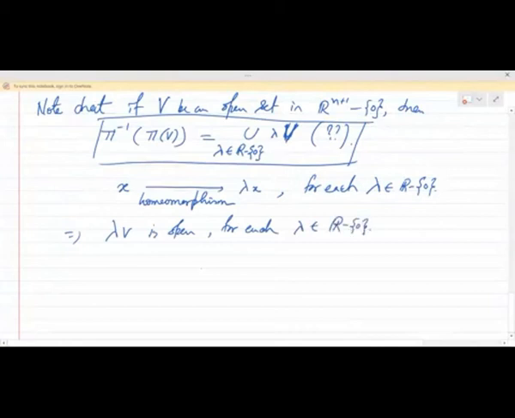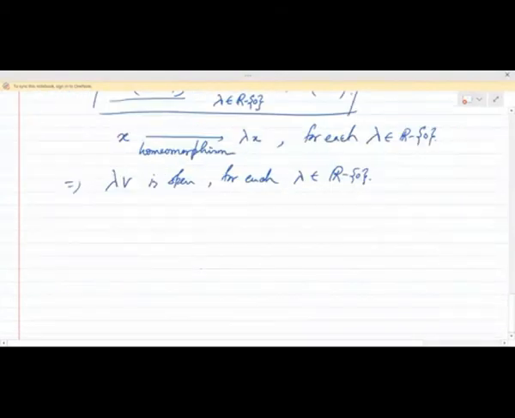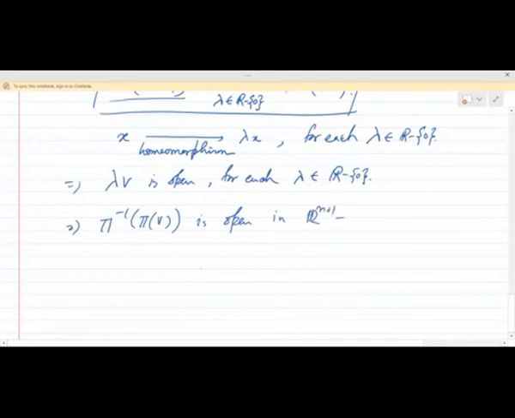Since pi inverse of pi V is a union of open sets, it must be open in Rn plus 1 minus 0.